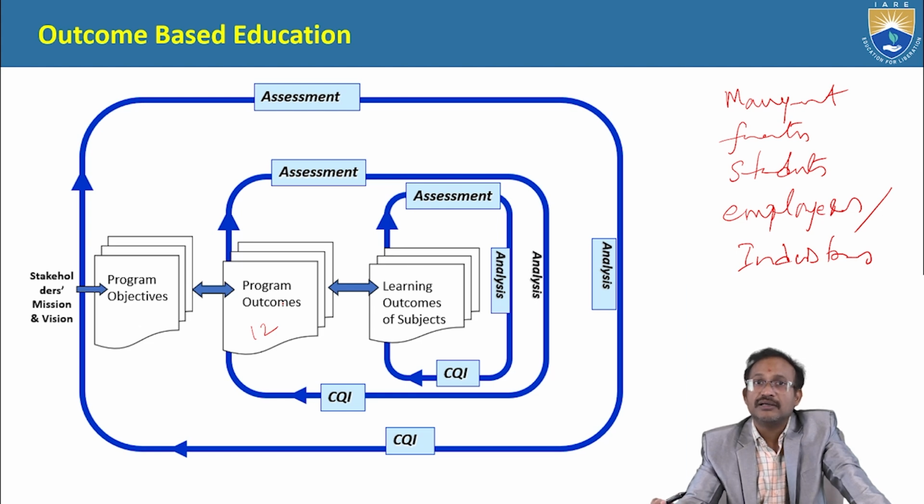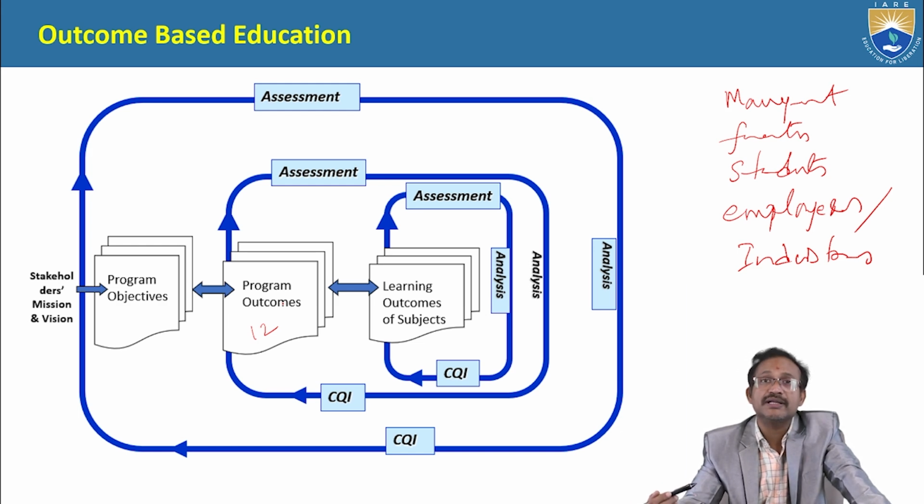Similarly, if the Department of Mechanical Engineering is having BTech Mechanical Engineering and MTech Computer Aided Design and Computer Aided Manufacturing, then MTech Computer Aided Design and Computer Aided Manufacturing is one program, and BTech Mechanical Engineering is one program.